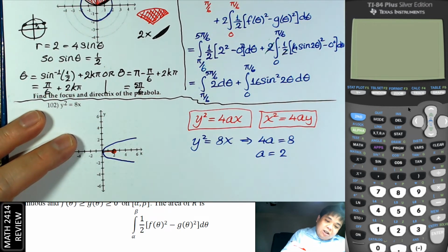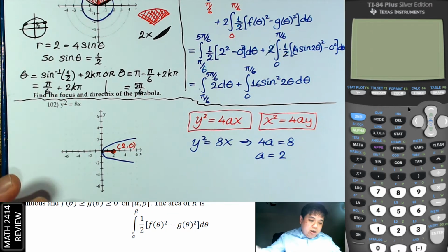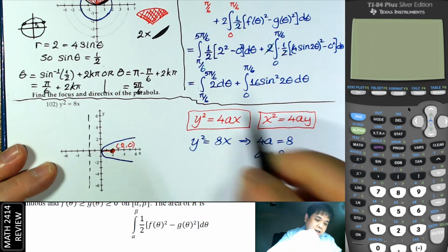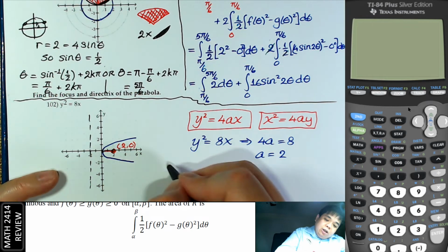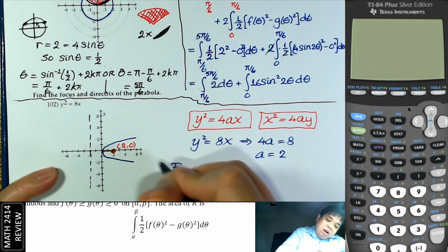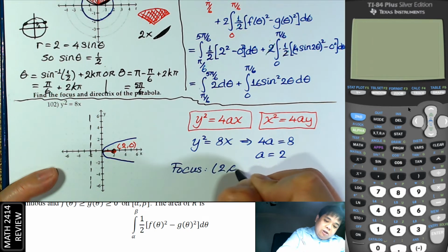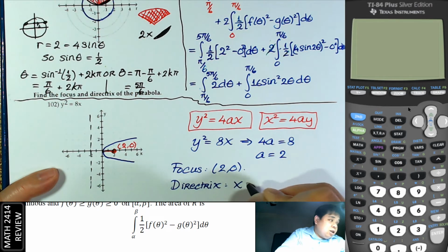That's where the focus is, and that will be (2, 0). The directrix is in the opposite direction of the focus, so it will be -2. So we have the focus, where the graph goes around it, at (2, 0), and the directrix x equal to -2.